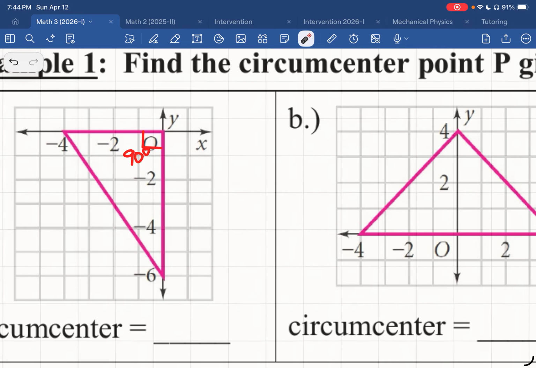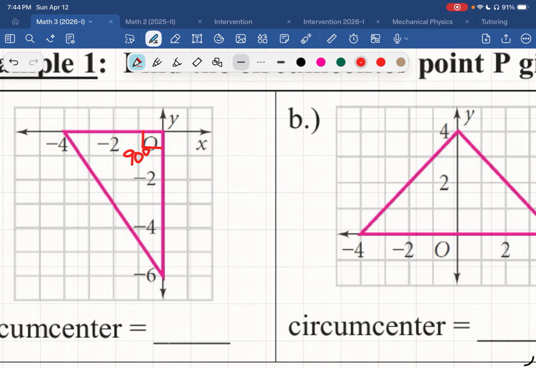So let me show you here. The hypotenuse, of course, is this one, which is the longest side, right? From this longest side, you can tell, using your eyes, the half of it is here, right? So technically, I found the midpoint already.